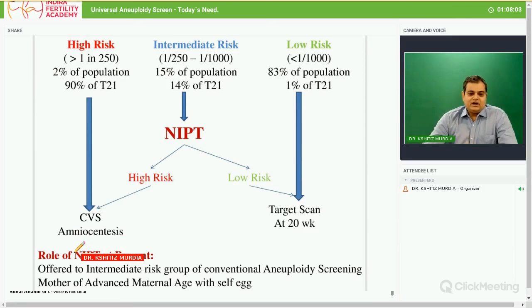So right now, the present role of NIPT is that it can be offered to the intermediate group after conventional screening is done, or to mothers who conceived at an advanced maternal age with their own egg and who want a screening test with very high precision.